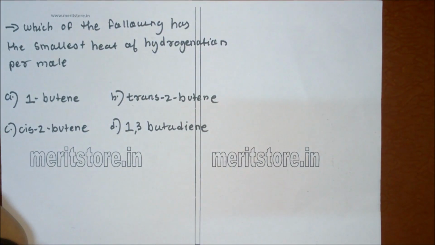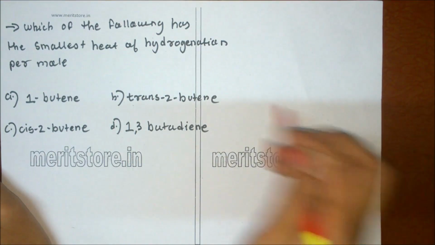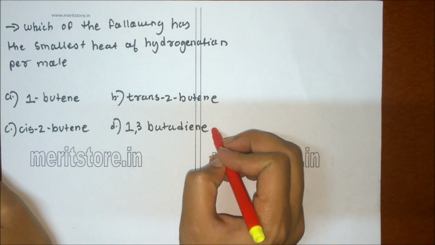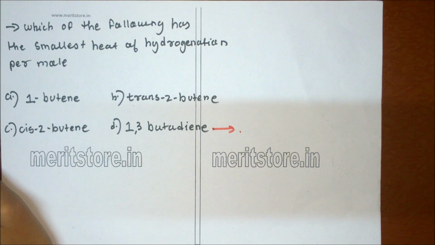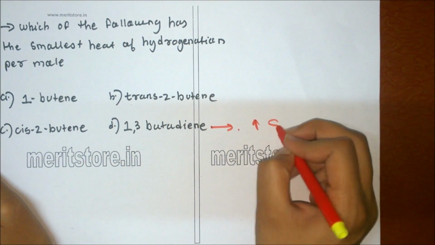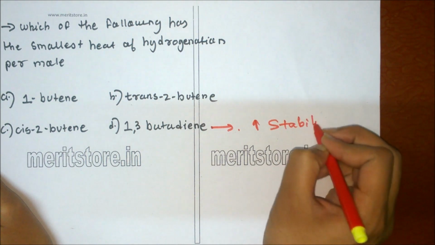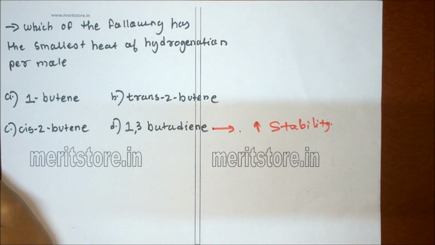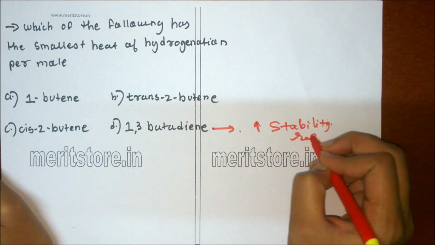Which of the following has the smallest heat of hydrogenation per mole? A 1-butene, B trans-2-butene, C cis-2-butene, D 1,3-butadiene. 1,3-Butadiene shows the smallest heat of hydrogenation due to its higher stability, which is due to resonance.